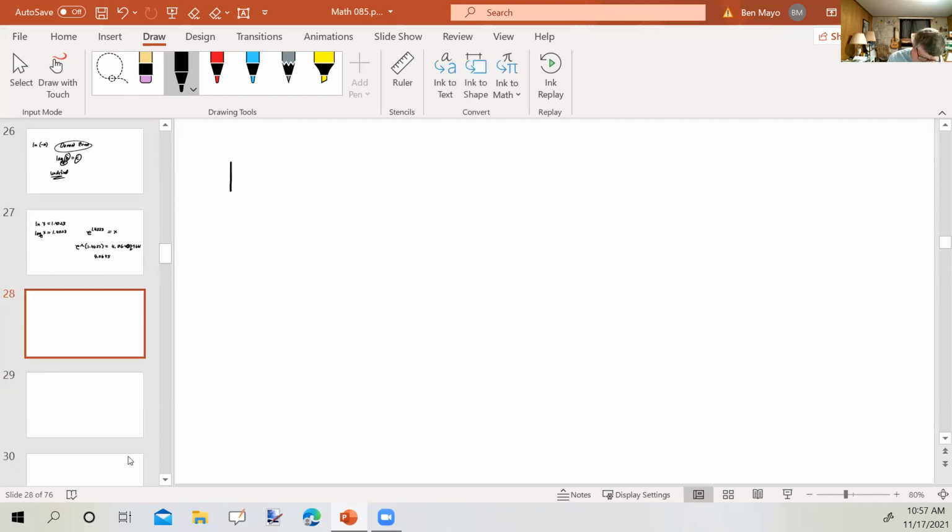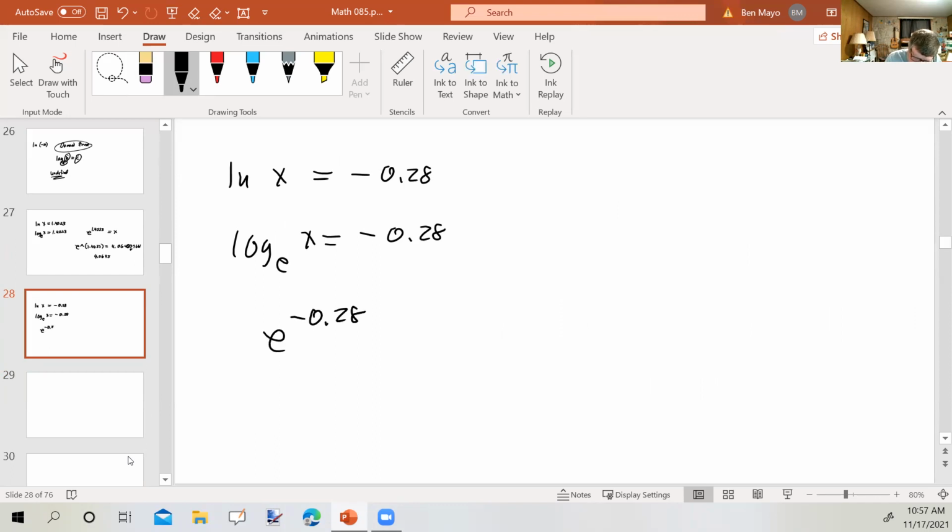And how about this one? The natural log of x equals negative 0.28. So log base e of x equals negative 0.28. Changing this logarithmic equation into an exponential equation, e to the negative 0.28 power equals x.